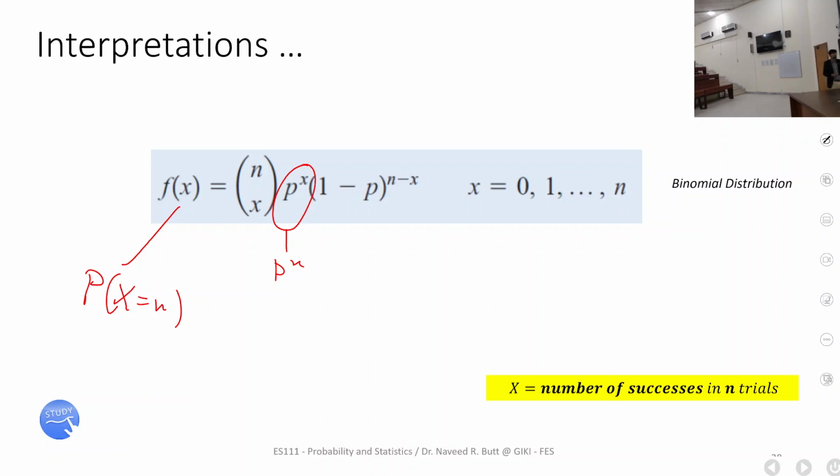Right? And now you ask, okay, बाकी साथ क्या हुआ? Trial आपने कितने किए? N. What happened in the rest? Did you succeed or fail? Fail है ना? अगर नहीं fail हुए होते तो फिर X successes तो ना होती, X plus 1 होती, X plus 2 हो जाती, right?